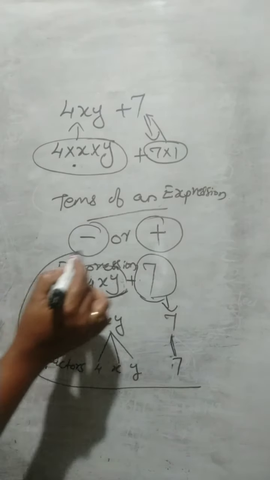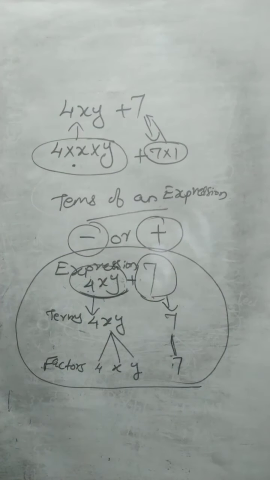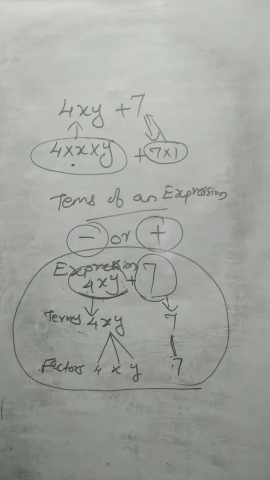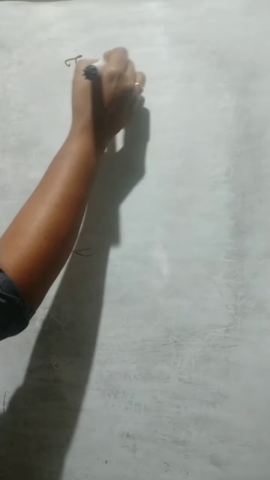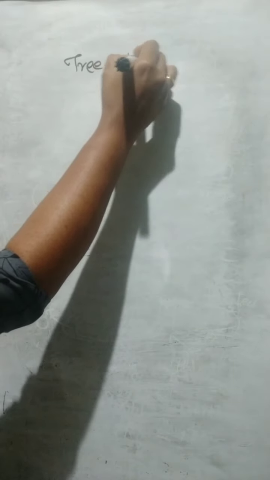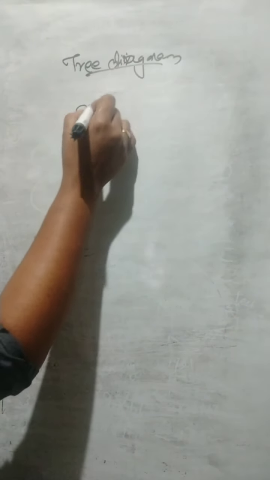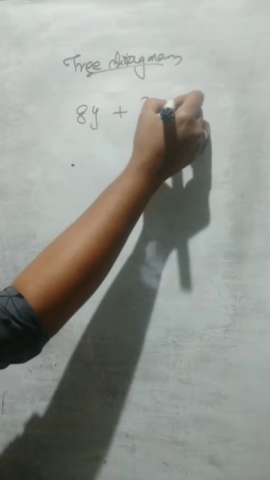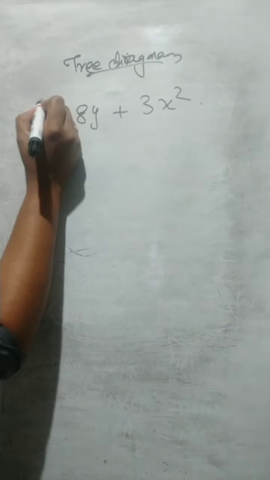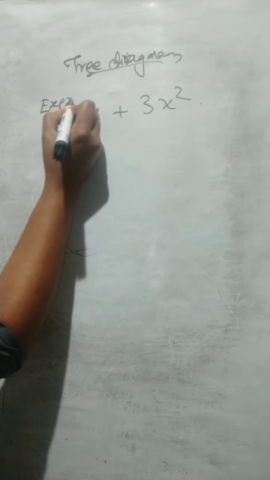This is known as a tree diagram. We can draw one tree diagram. That is 8y plus 3x square. Here this is the expression.